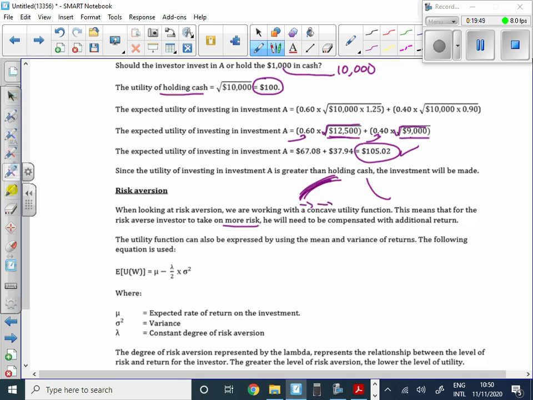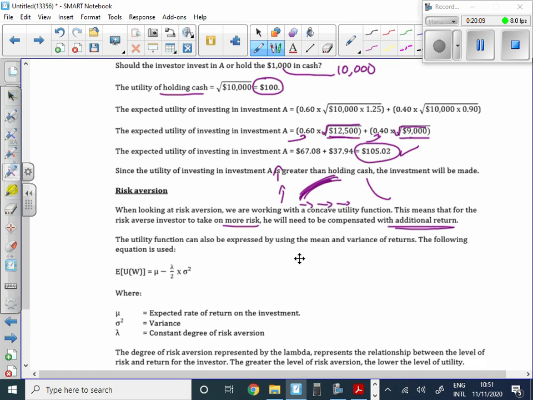As risk goes up, what does he want? Higher and higher return. Does that make sense, guys? And that's normal. No one's prepared to take on more risk if you're not going to compensate them with additional return.